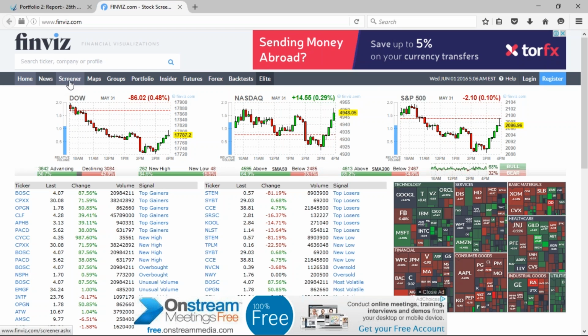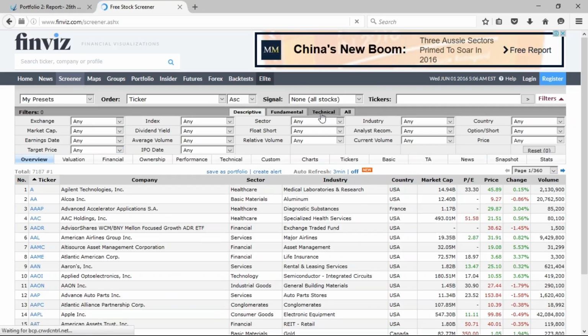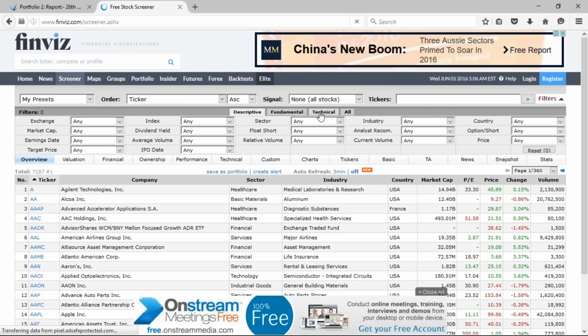There's a little thing up here called a screener, and I won't go through it too much now, but essentially in the top here there's three different areas: a descriptive area, fundamental area, and a technical area. We can also select an exchange that you want to scan through, and it's quite a nifty little tool.